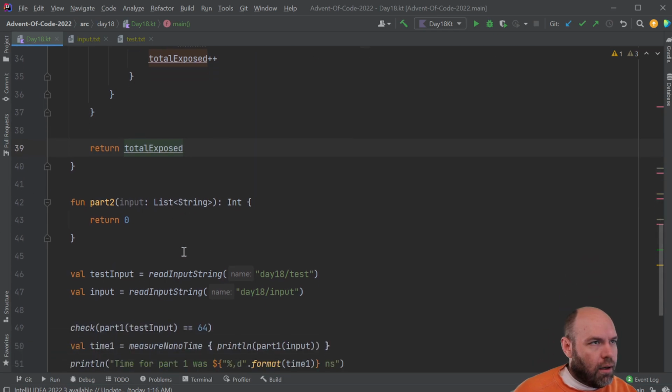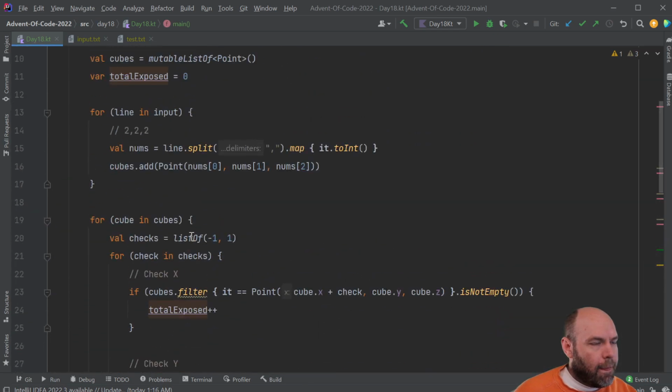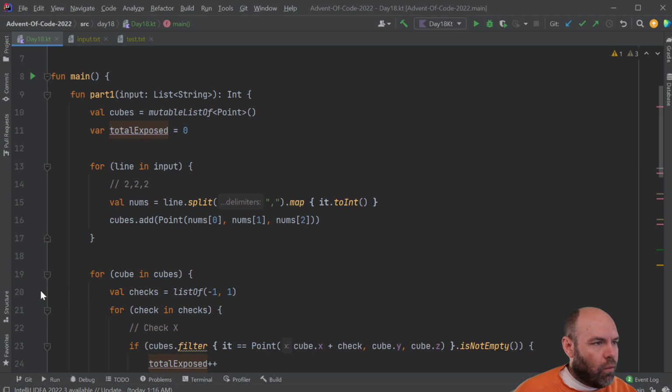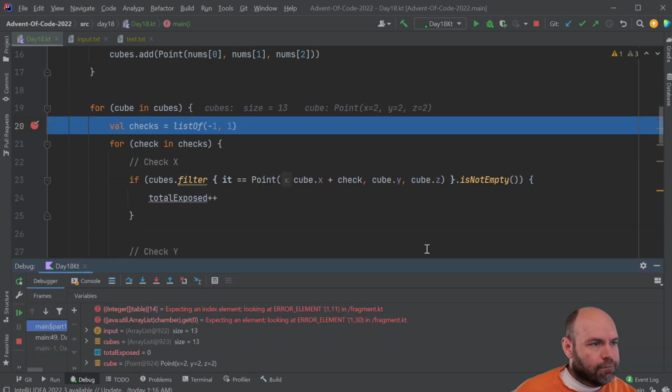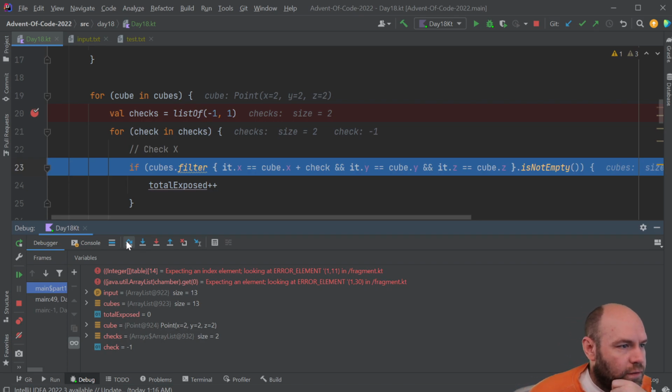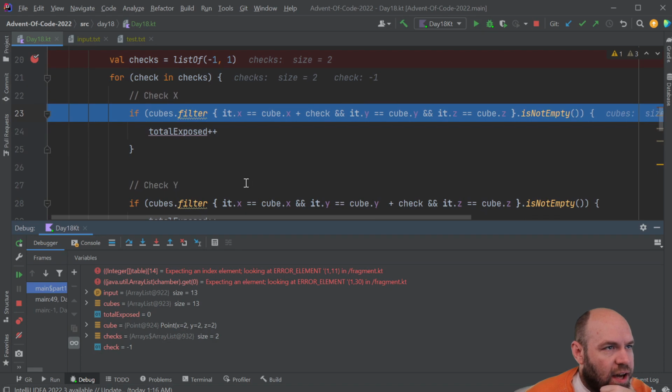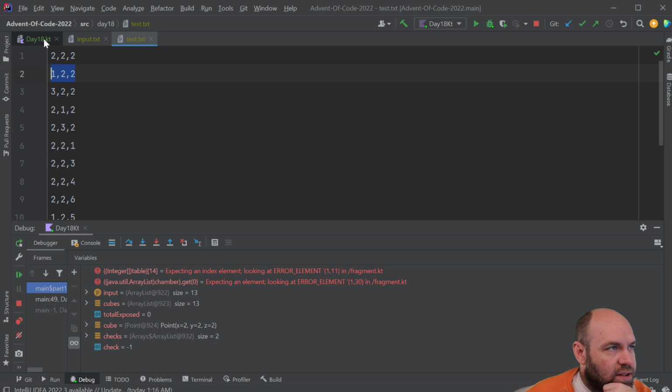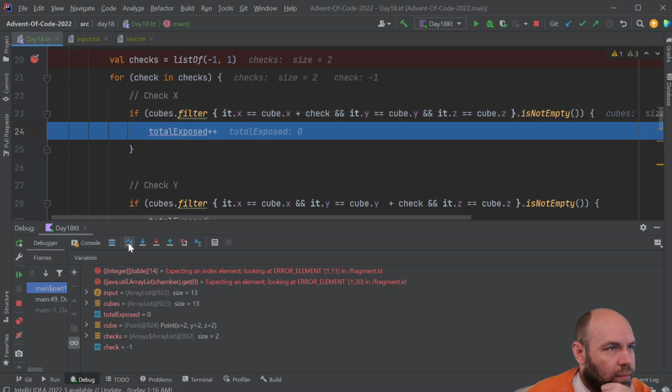Okay. Well, let's walk through it. Okay, so our first cube is at 2,2,2, and then our first check is x minus 1. So we're looking for 1,2,2, and 1,2,2 exists. It's right there. Oh.